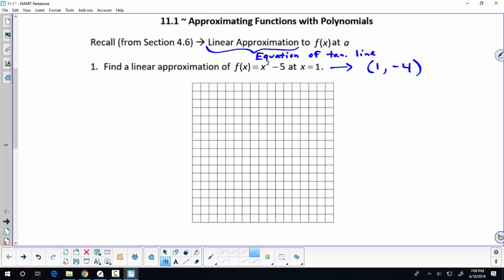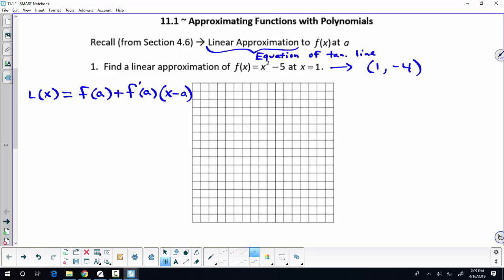To find the linear approximation of the quadratic at x equals 1, write the equation of the tangent line to that function at the point 1, negative 4. So we've got our y value plus the slope of the tangent line times x minus a.